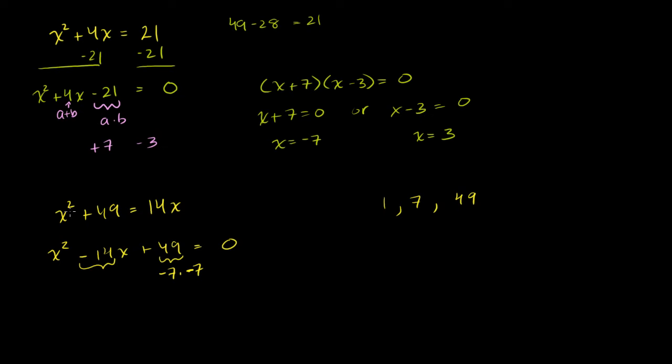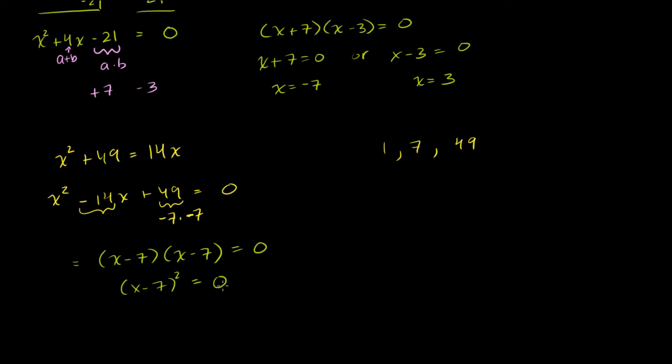We have that pattern there where we have 2 times the number, and then we have the number squared. This is a perfect square. This is equal to x minus 7 times x minus 7 is equal to 0. Don't want to forget that. Or we could write this as x minus 7 squared is equal to 0. So this was a perfect square of a binomial.